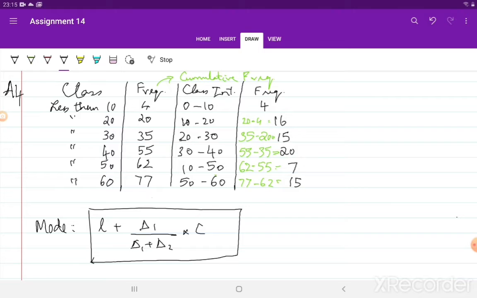So, to find the modal class, look for the highest frequency. And as you can see here, it is this. So, the modal class is 30 to 40.